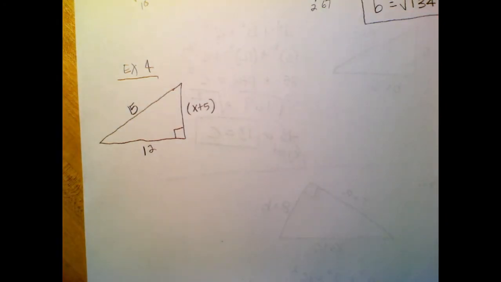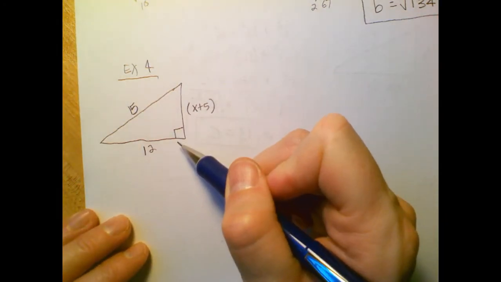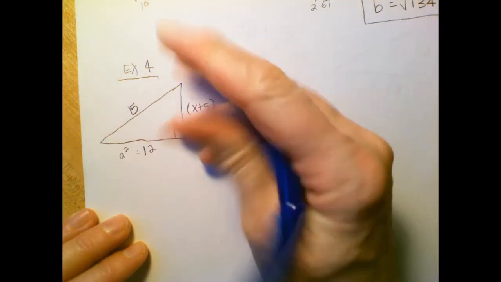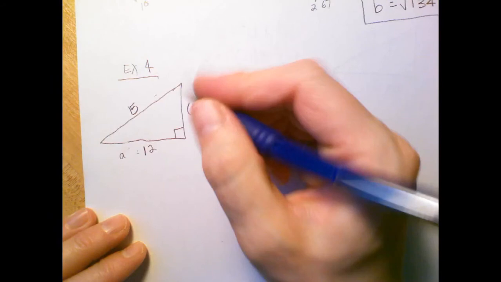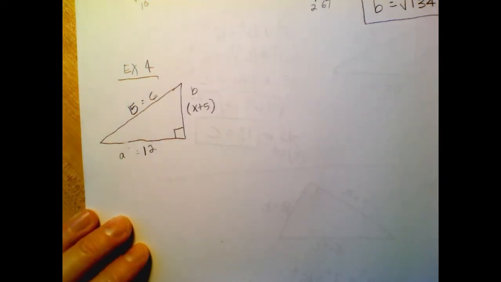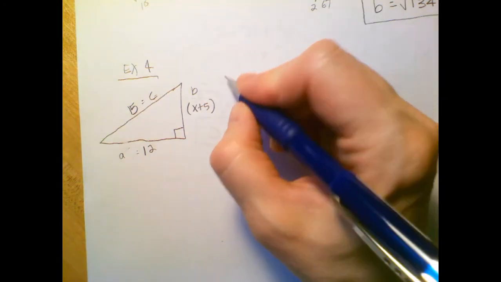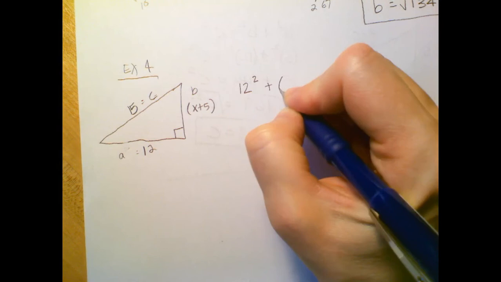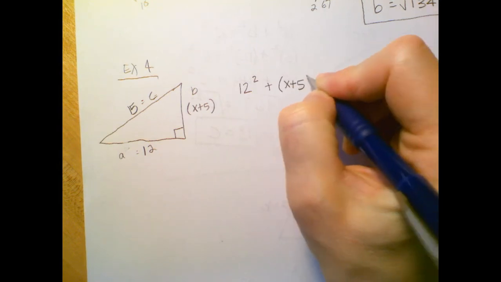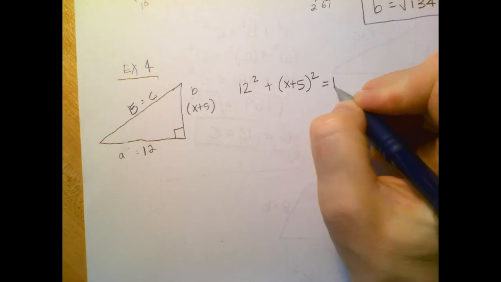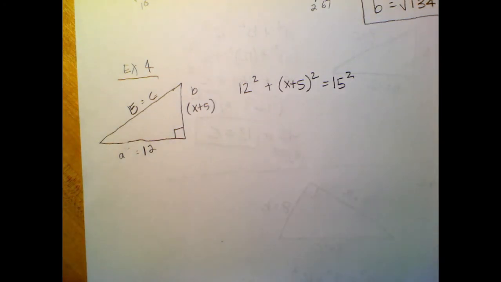All right, this one is just a little bit more complicated. So we're still going to think about our A is a leg, B is a leg, C is the hypotenuse for plugging into our formula. Okay, so we have 12 squared plus x plus 5 squared, right? The whole side is being squared, equals 15 squared.